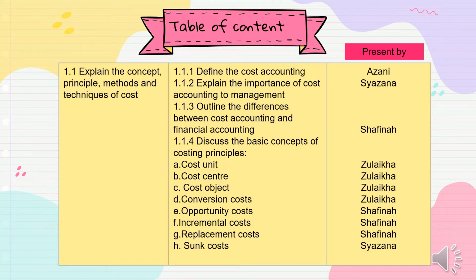Table of Content. 1.1 Explain the concept, principle, methods and techniques of cost. 1.11 Define the cost accounting, presented by Azani. 1.12 Explain the importance of cost accounting to management, Syazana. 1.13 Outline the difference between cost accounting and financial accounting, presented by Shafinah. 1.14 Discuss the basic concept of costing principle: A. Cost unit, B. Cost center, C. Cost object, D. Conversion cost, will be presented by Zulaikha.